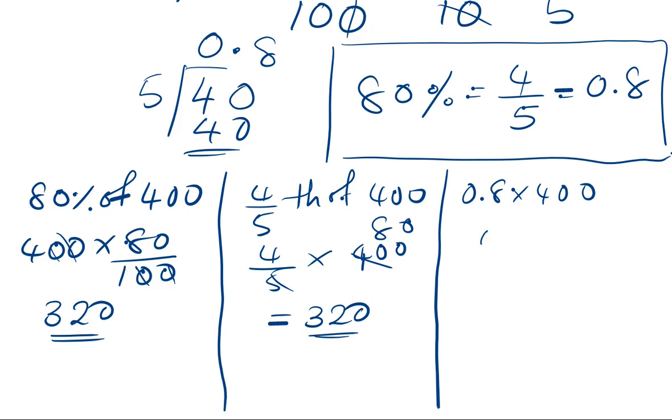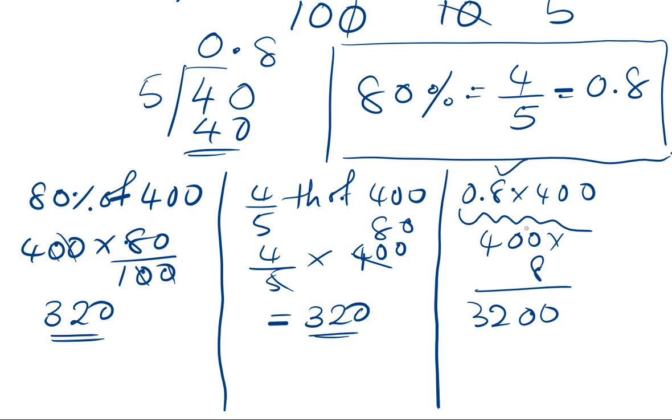How will you do that? Just multiply these numbers as normal numbers. 8 into 0 is 0, 8 into 0 is 0, 8 into 4 is 32. Then where will you put the decimal point? In the question, you can see that there is only one digit on the right side of the decimal point. So your answer will have only one digit on the right side of the decimal point. So you should put the decimal point here. So the answer is 320.